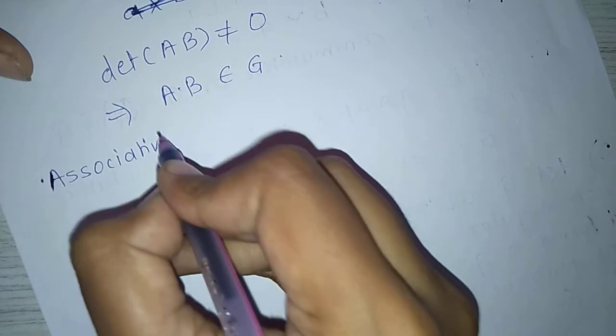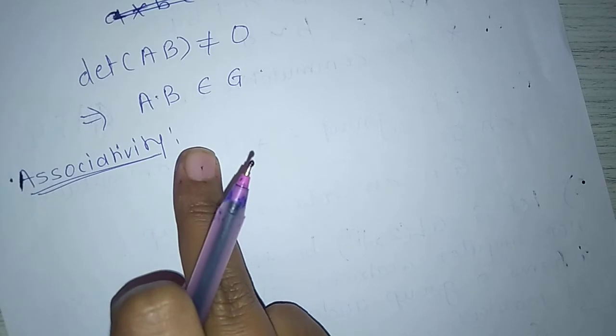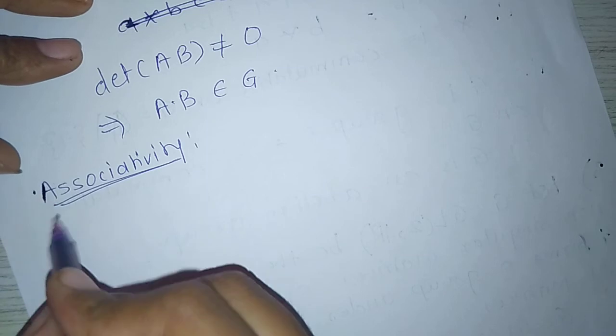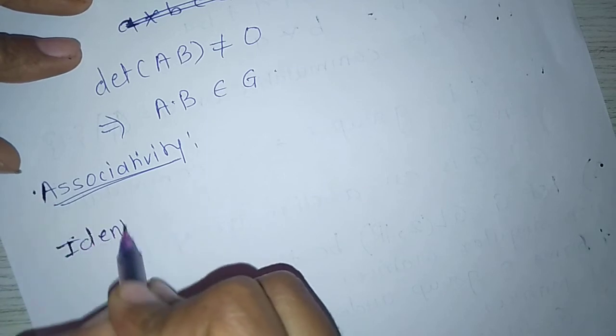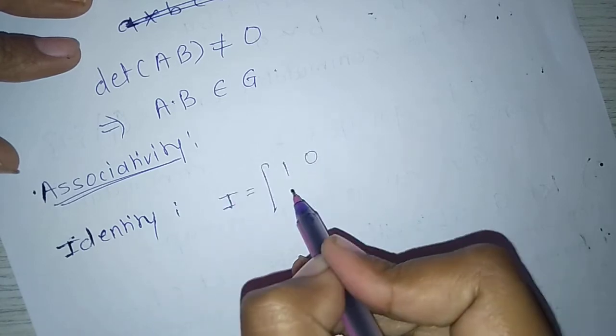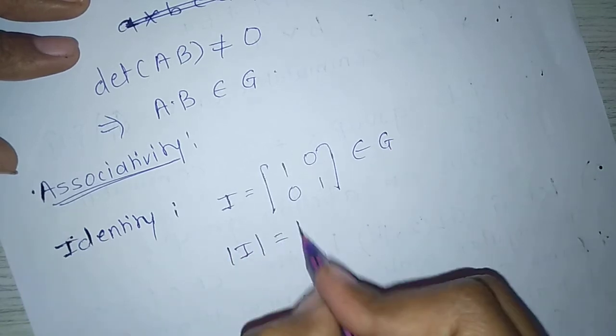Now associativity, this is an exercise for you. Check whether matrices are associative or not under multiplication, but matrices are always associative under multiplication. Next, identity. The identity matrix [1 0; 0 1] belongs to G and the determinant of I equals 1, which is not equal to 0.